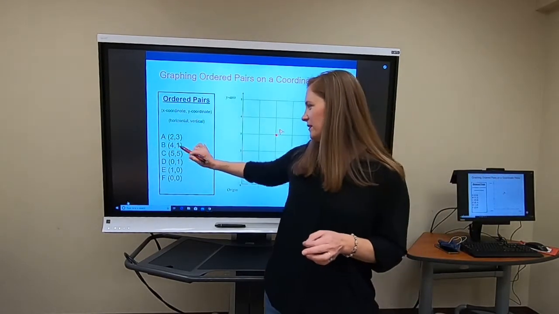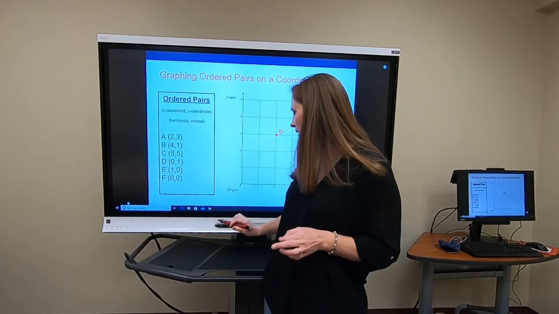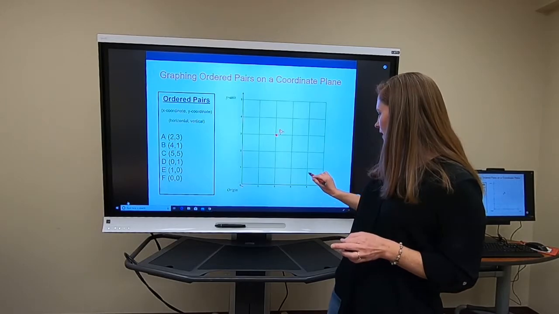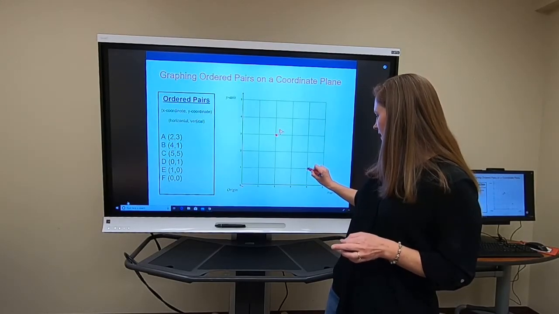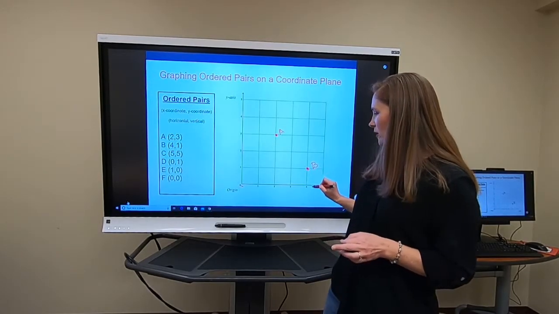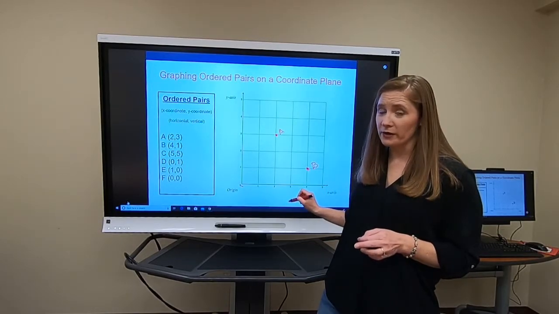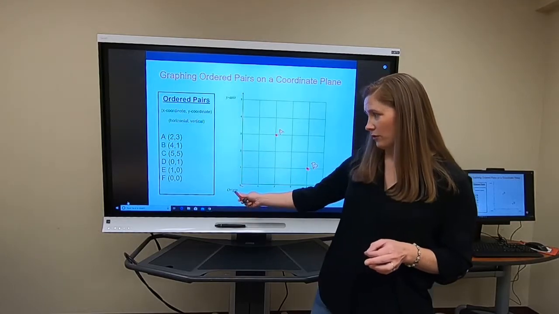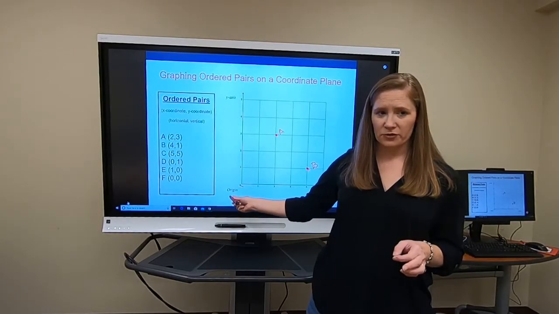Now we move to point B, which is 4, 1. I move over 4, up 1, and label it, that is point B. Everyone notice, where did I start? I started at the origin. Always start at the origin.